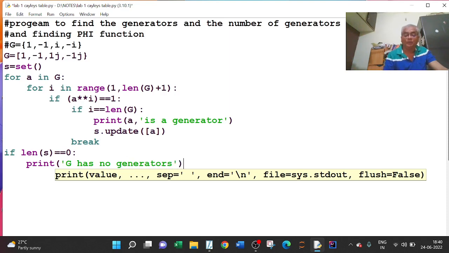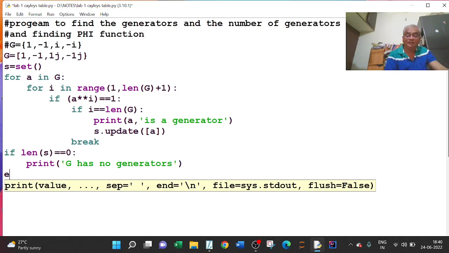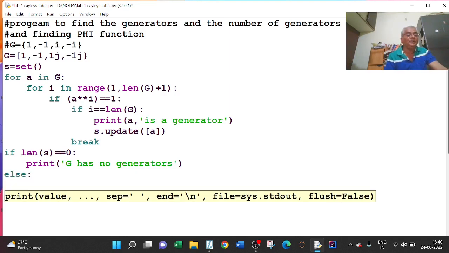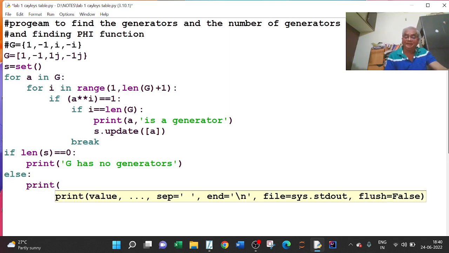Quote close, bracket close. Else, I have to write this in the if line. Else colon print "number of generators" equals how many generators there are, that is the number of elements in S, which is nothing but length of S, bracket close.